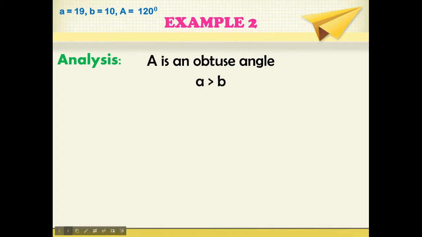Now let's try to analyze the given. We can see that angle A is an obtuse angle since it's greater than 90 degrees. Side A is greater than side B, because 19 is greater than 10.